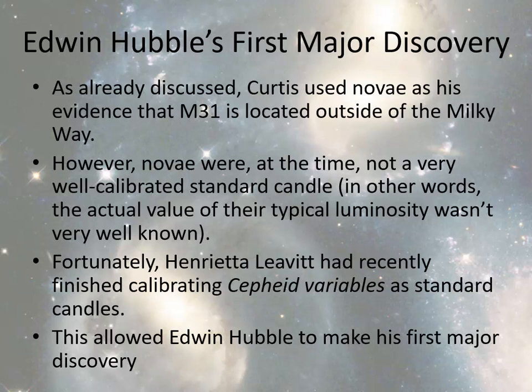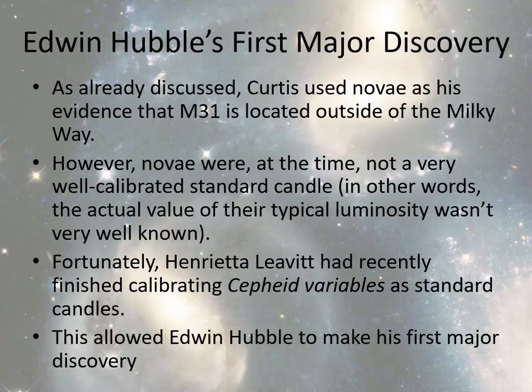Now, meanwhile, back to this guy, Edwin Hubble. Heber Curtis supported his idea that things like M31 were outside of the Milky Way by noticing novae, new stars, in this.